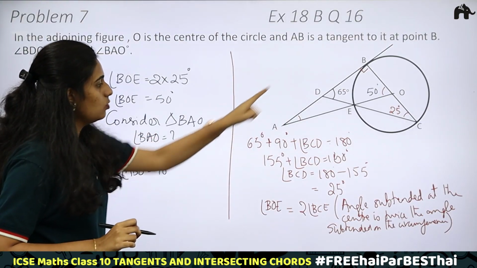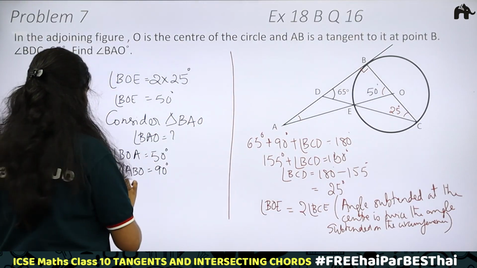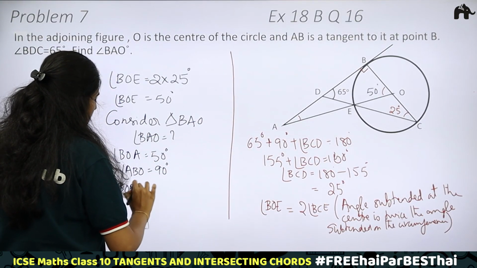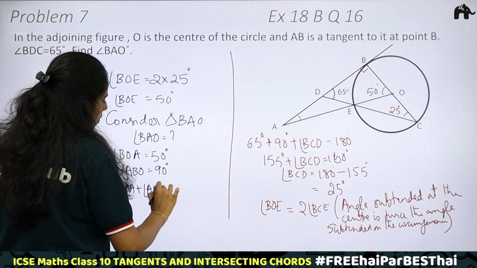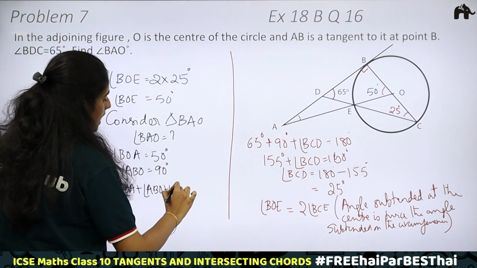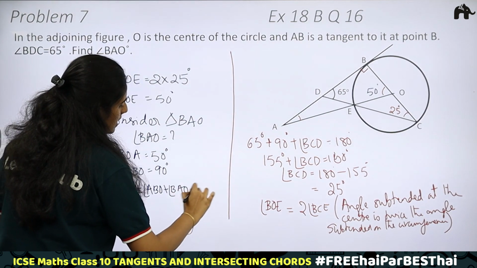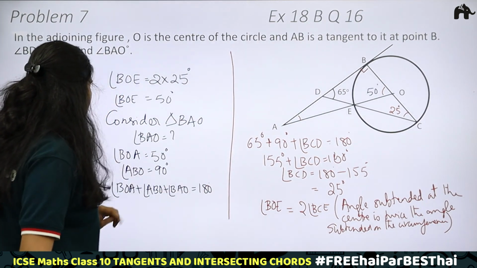Then we can easily find what BAO is. We have angle BOA plus angle ABO plus angle BAO is equal to 180 degrees. Now put the values.